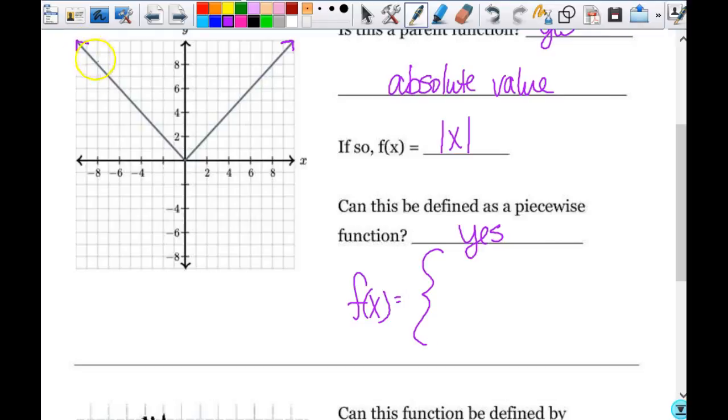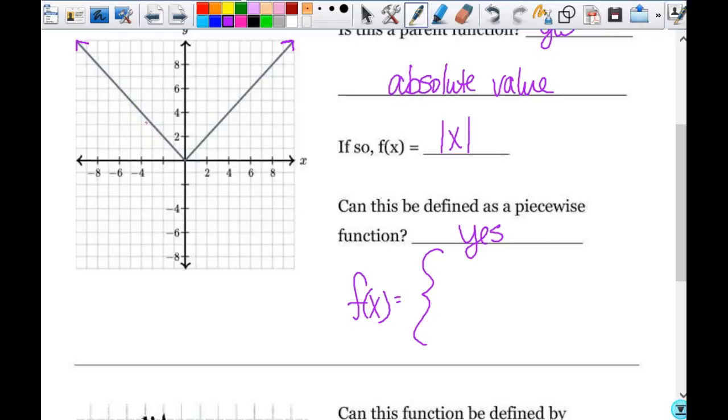And so this then is a piece of what function? What would that look like? Let's do the right-hand side first. Look at this. Is this a piece of a different parent function? Y equals x, right? That's just y equals x. So this over here is what? Negative x.